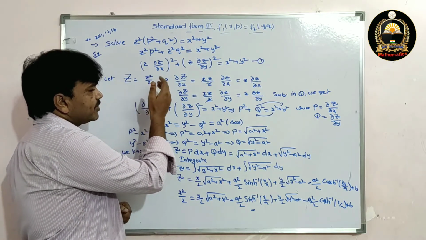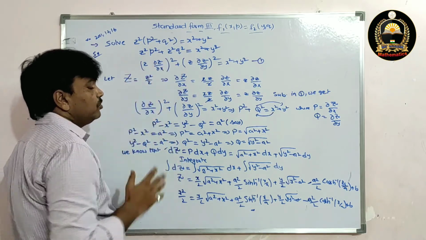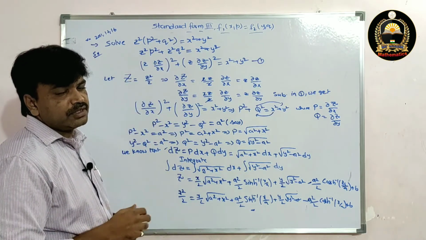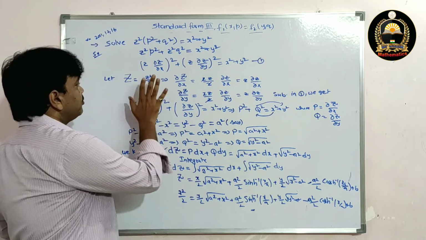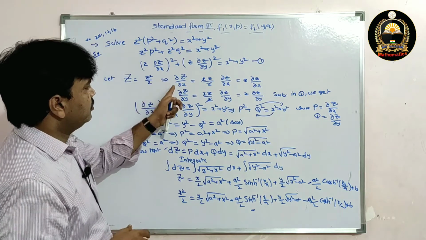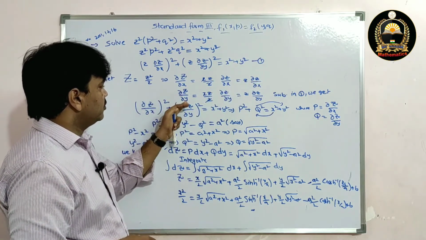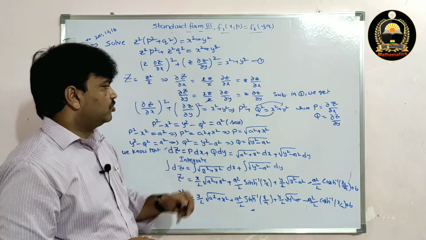Again, we know z is a function of x and y, so I get dou z by dou x. So finally I get z into dou z by dou x. Is that clear, students? So I am taking capital Z equal to z square by 2. Find dou capital Z by dou x, we get z into dou z by dou x. Similarly, dou capital Z by dou y means I get z into dou z by dou y.